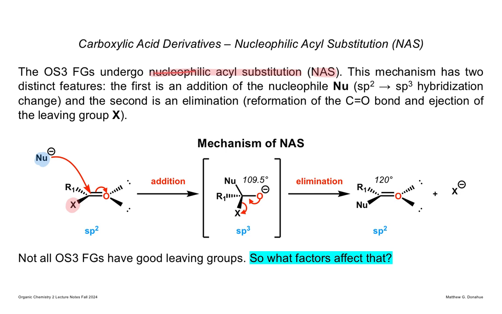And that mechanism is 2 mechanisms you've seen. It's a nucleophile adding, and then the X group is being eliminated. So addition, elimination. The carbon at oxidation state 3 is sp2 hybridized.